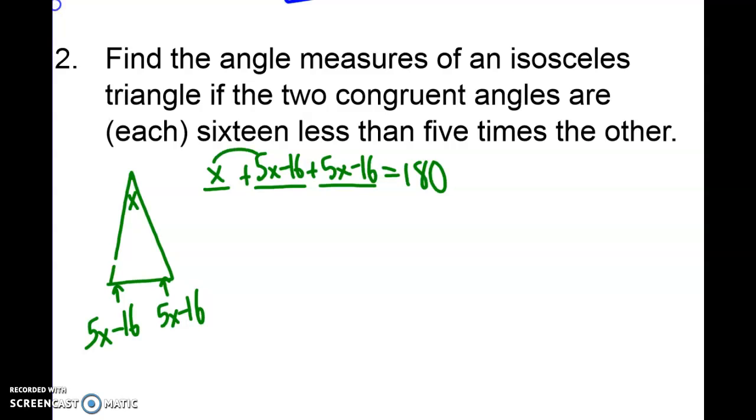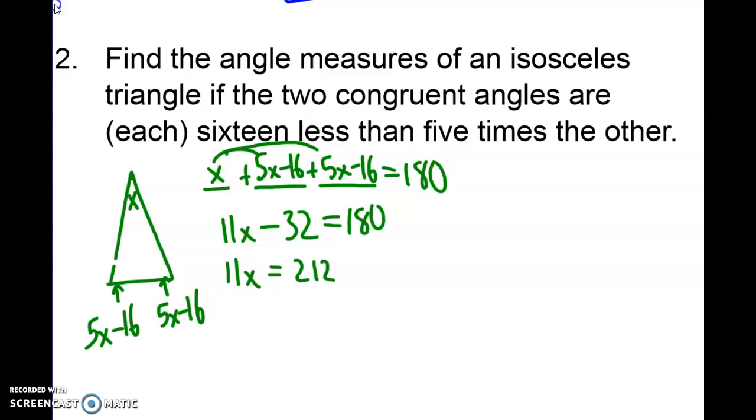So combine like terms. I have 10x plus one more x is 11x. And then 16 and 16 become 32 of the negative variety. Set that equal to 180. I'll add 32 to both sides, and so 11x is going to be equal to 212.